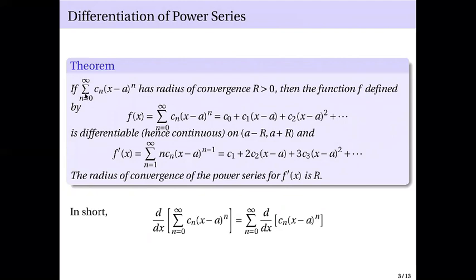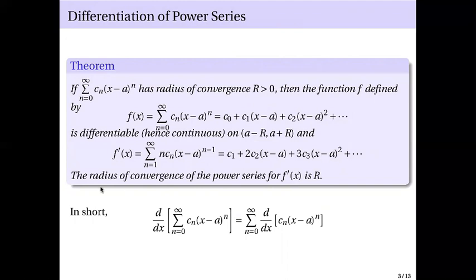First, if you have this power series, and it has a radius of convergence r greater than 0, then the function f defined by f of x equals the power series is differentiable, and therefore continuous, on the open interval (a minus r, a plus r), and the derivative of this function is given by this expression.